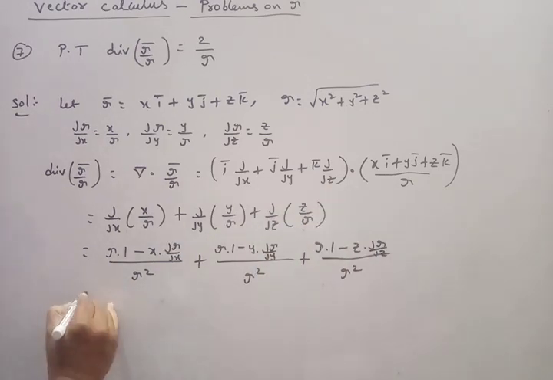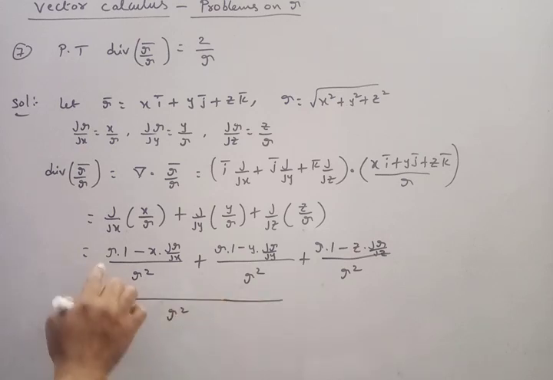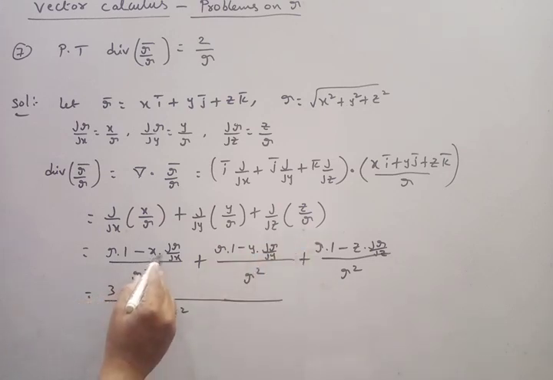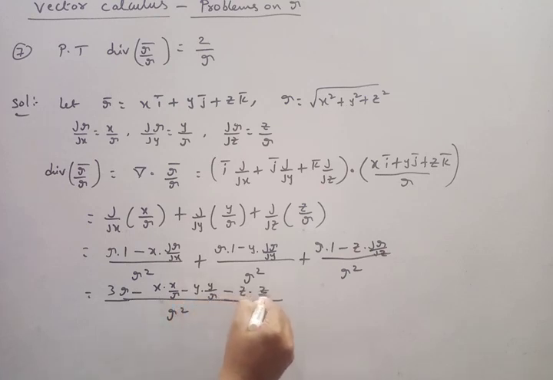So therefore r square is the LCM for all. So 3r I get here, minus x into dou r by dou x, which is x by r, minus y into y by r, minus z into z by r.